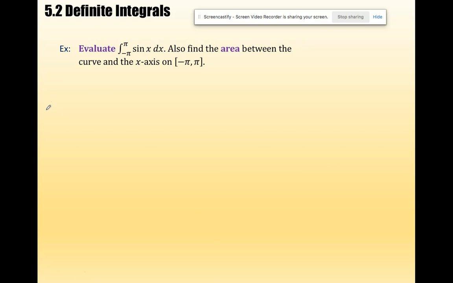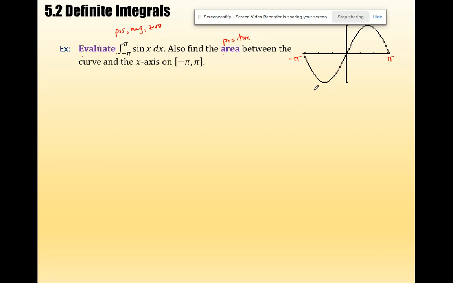This is two questions in one. I want you to evaluate the integral, but then I also want you to find area. So evaluating an integral, I might get a positive, a negative, or 0, but area had best always be positive. I know what sine looks like from negative pi to pi. Can you tell me what that integral is going to be?